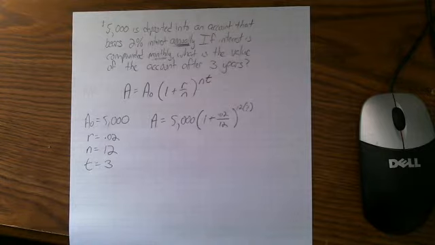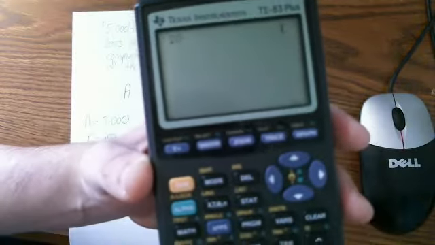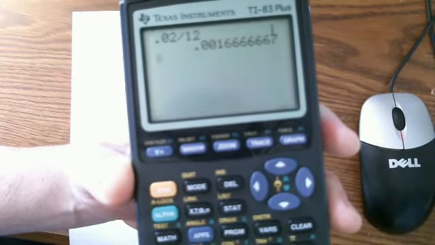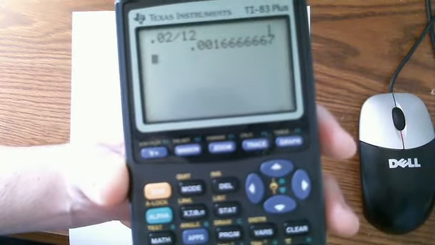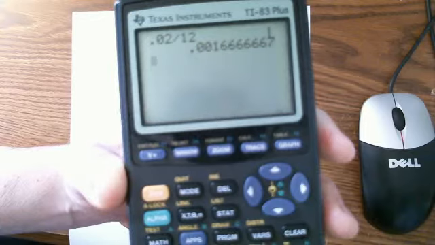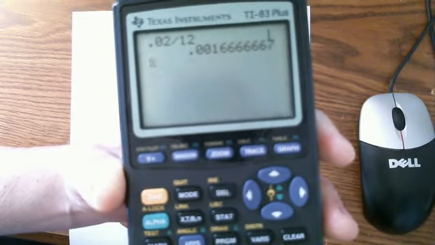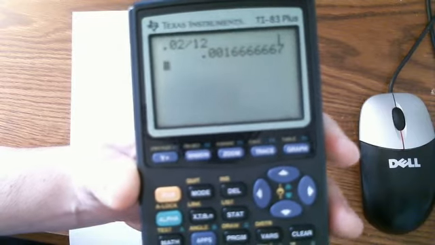Now, I would encourage you to use your answer function on the graphing calculator to prevent any rounding errors. So let me just show you what it's going to look like. The rest here is all calculator work. So the first thing I'm going to do is 0.02 divided by 12. Now that's a repeating decimal. So I'm going to write something down on a paper, but I'm going to use the answer function to add 1. So I'm going to write 0.0017 on my paper, but that's not the number I'm going to use.